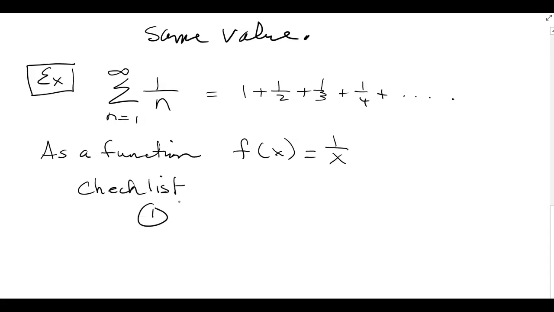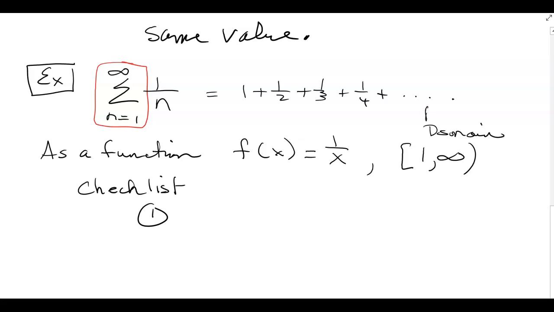Remember, all right, what is the domain of this new function? The domain is going to come from here. We are only looking at this from 1 to infinity. So getting that domain is important, and we'll call it a restricted domain because we're restricting our domain to what it is in the series, which is 1 to infinity.